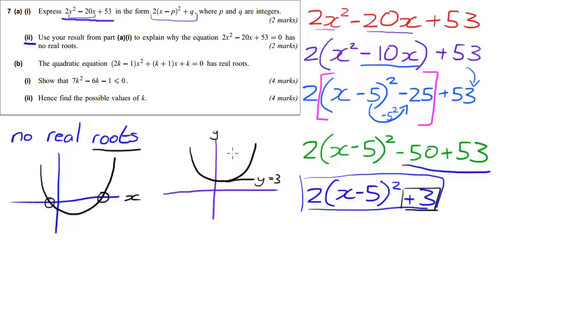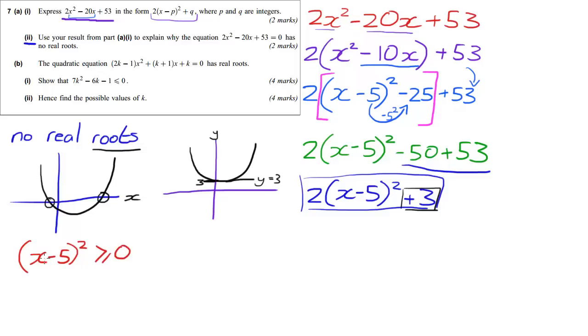This is our y-axis, so this point here will be 3 there. So we have no real roots there. So what can we say for that? Well, we can say two things. The first one is that x minus 5 all squared is greater than or equal to 0.